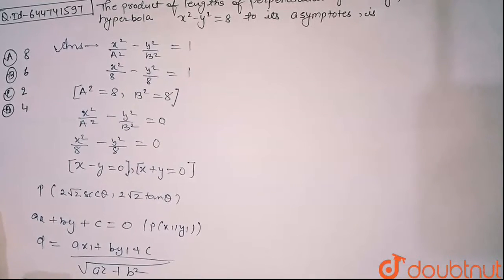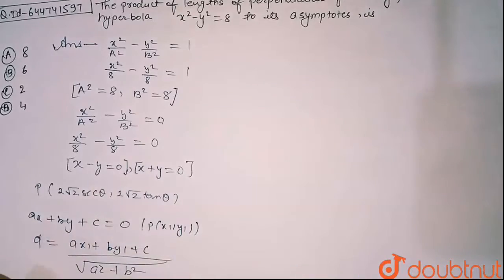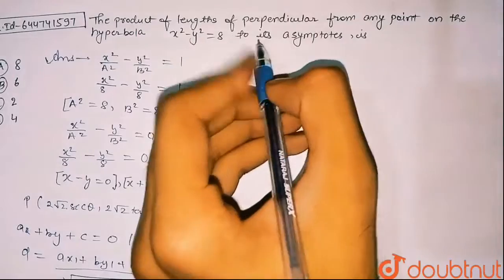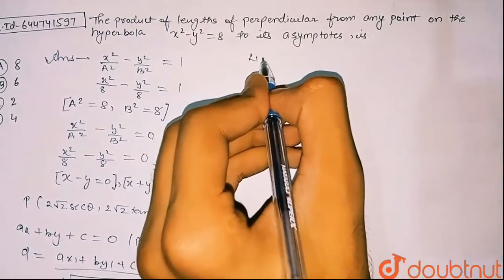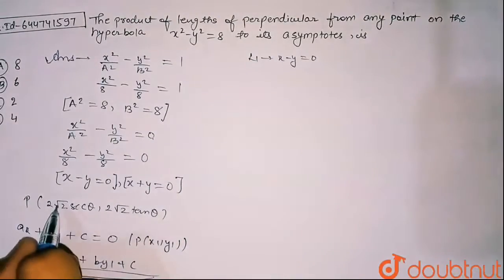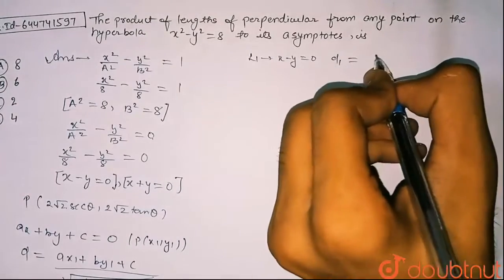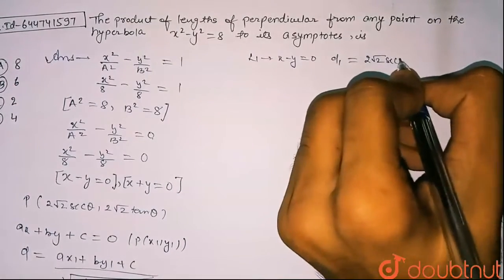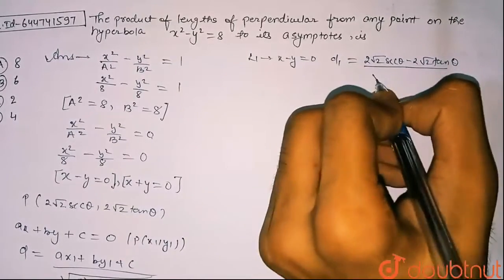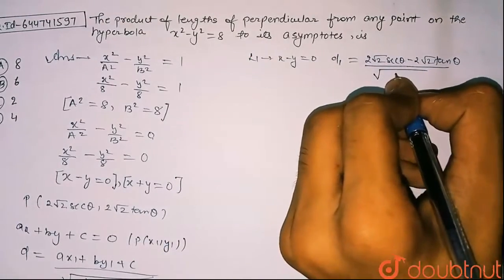So we will find the length of perpendicular on these two asymptotes from this point. For the first asymptote, line 1, that is x minus y equal to 0, the perpendicular distance d1 from this point is 2 root 2 sec theta minus 2 root 2 tan theta, divided by root of 1 square plus 1 square, which is root 2.